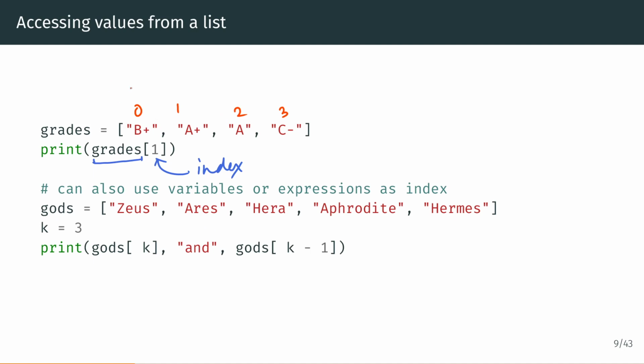Essentially this feels like 4 different variables. This is variable grades 0, this is variable grades 1, and so on and so forth. So it's sort of similar to having 4 variables, but instead all you have is a single variable, and you access the parts of the variable using this index.